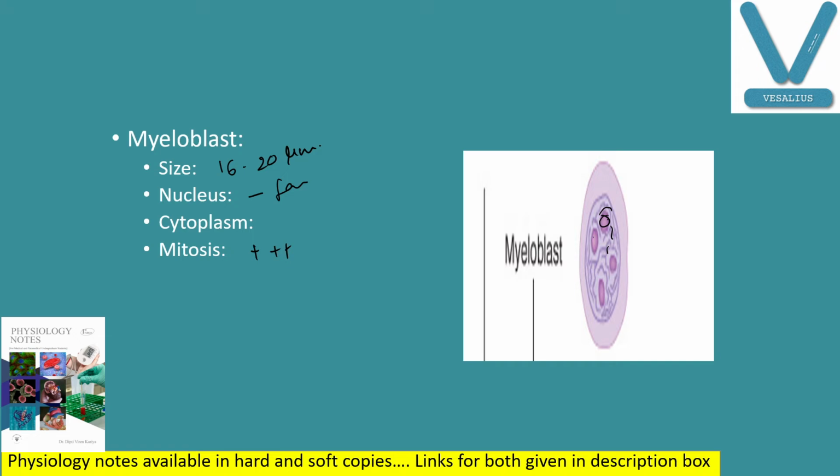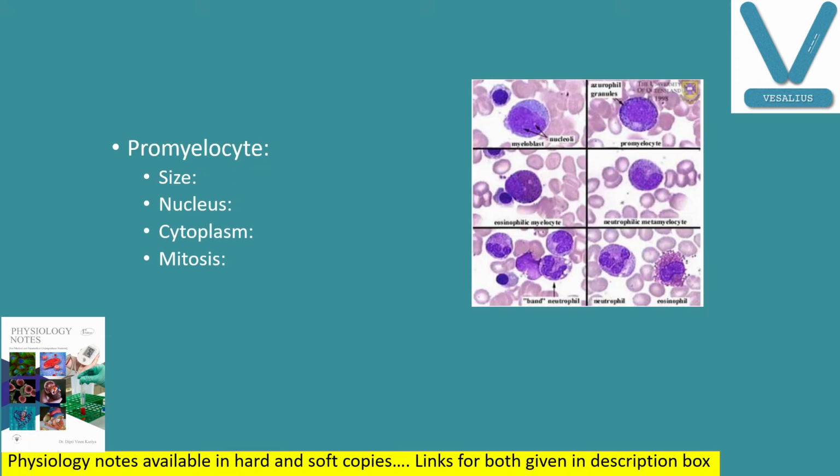Next stage, after myeloblast, is the promyelocyte. You can see here, this is promyelocyte in this diagram. Size decreases; it becomes 14 to 18 micrometer diameter. Nucleus is round to oval, slightly small, with fine and condensed chromatin.